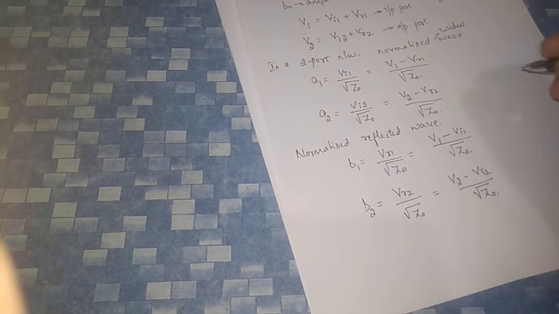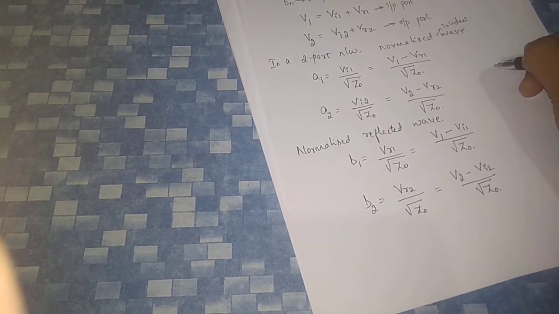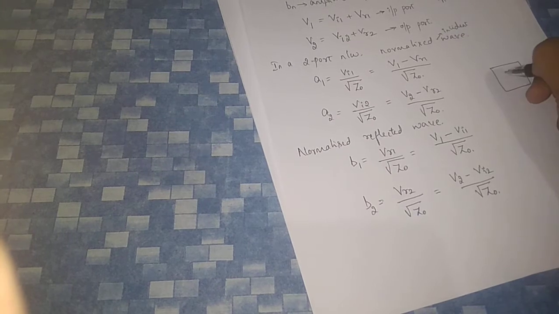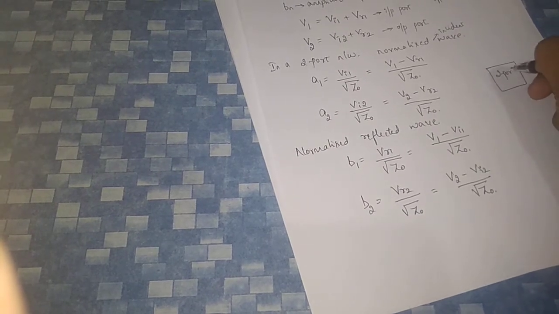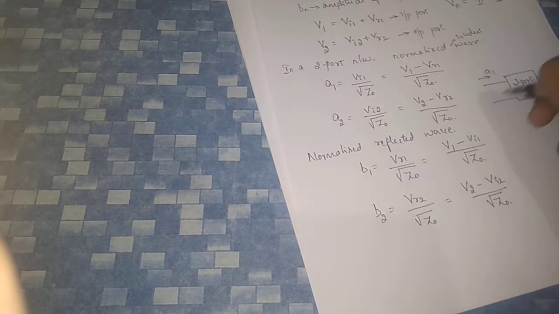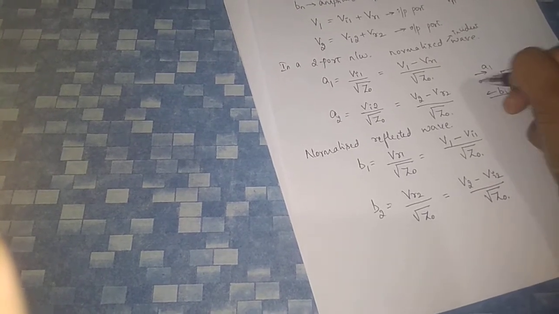So this you know. In the last class I have shown how it comes as a parameter. This is how you take the two port. Here you have A1 and B1, this is A2 and B2, and here it comes V1 and this is V2.